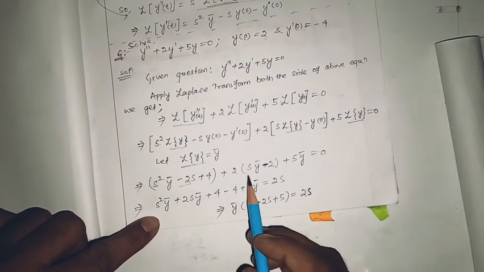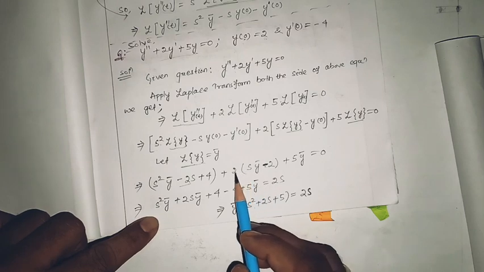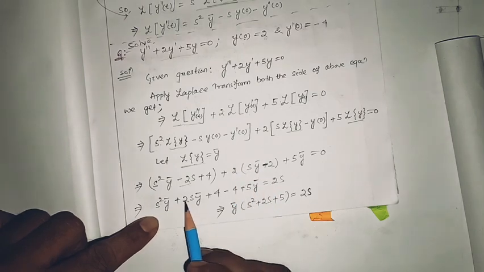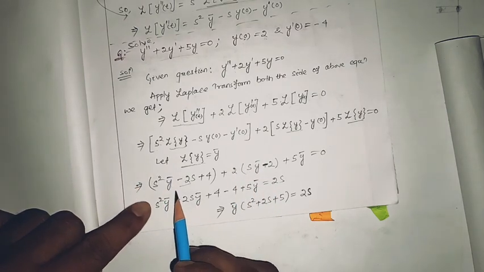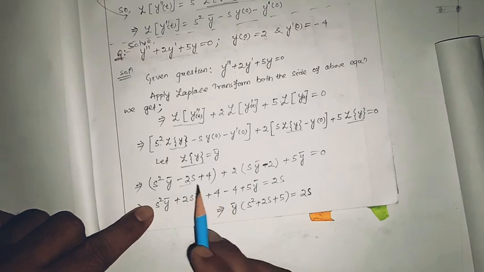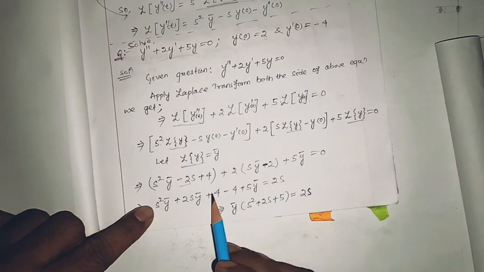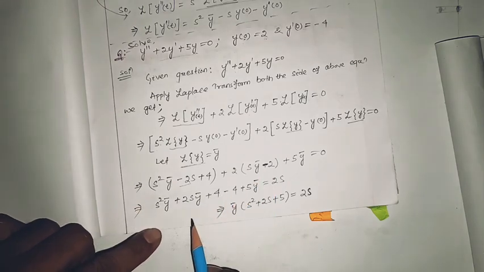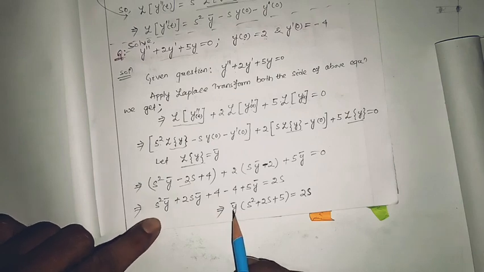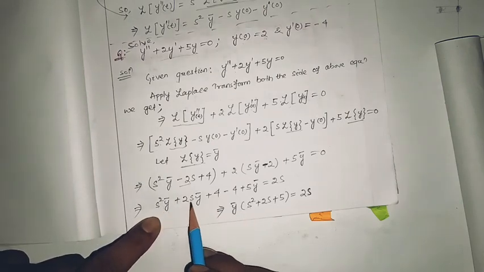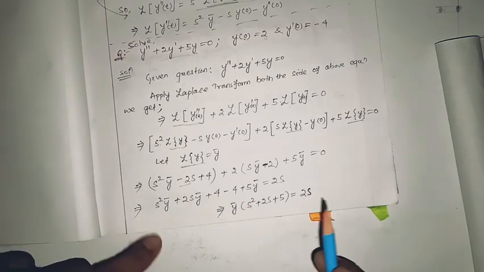Now you just multiply this out, so 2s y bar, this is s square y bar minus 2s, taking this to the other side, here plus 4, here 2 into 2 -4 is there, which gets cancelled, and y bar is taken common, and s square plus 2s plus 5 will be equal to 2s.